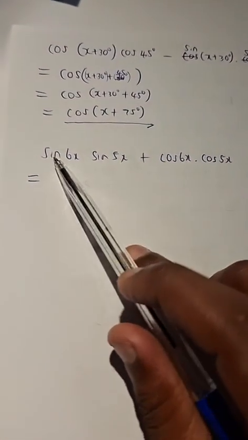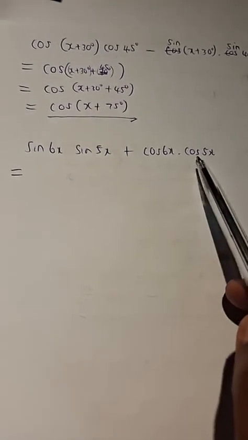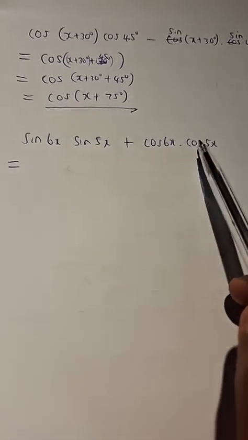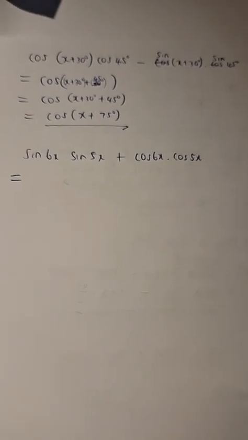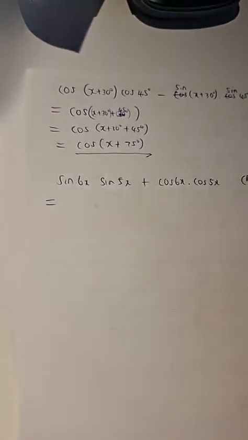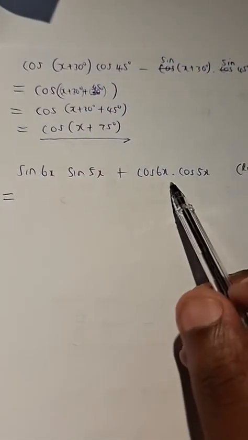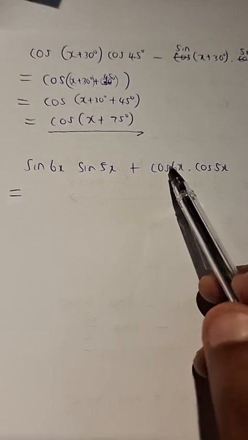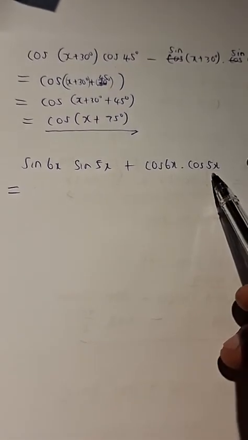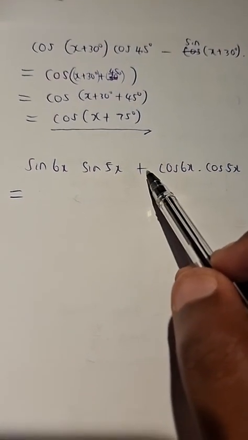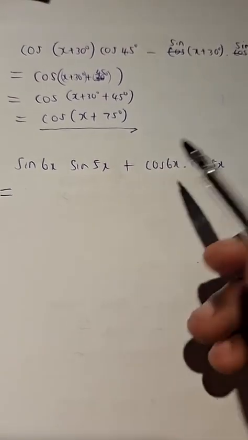If you look at this, it is sine, cos. But usually, guys, cos starts. So I'm going to rewrite this, and there's a reason why I'm going to rewrite it, so that it mimics the expansion of the compound angle for cos. So this is cos 6x cos 5x. Cos usually starts, and since there's an addition sign, I know from maths in grade 8 and 9 that addition is commutative.